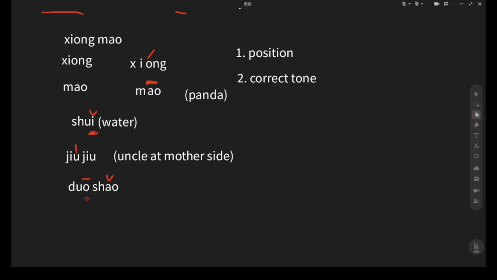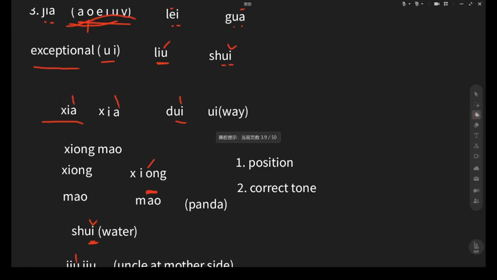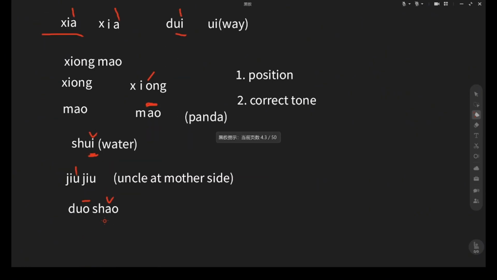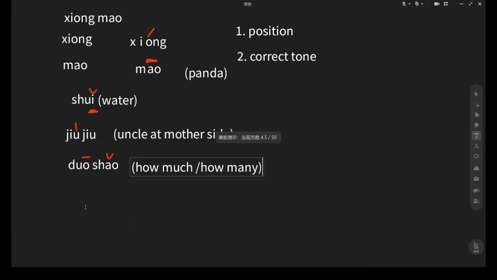R, O, so this O is in front of U, right? 少, okay, third tone. 多少, okay, means how much, how many, okay. So 多少 money, right? 多少 money, okay. So next one.